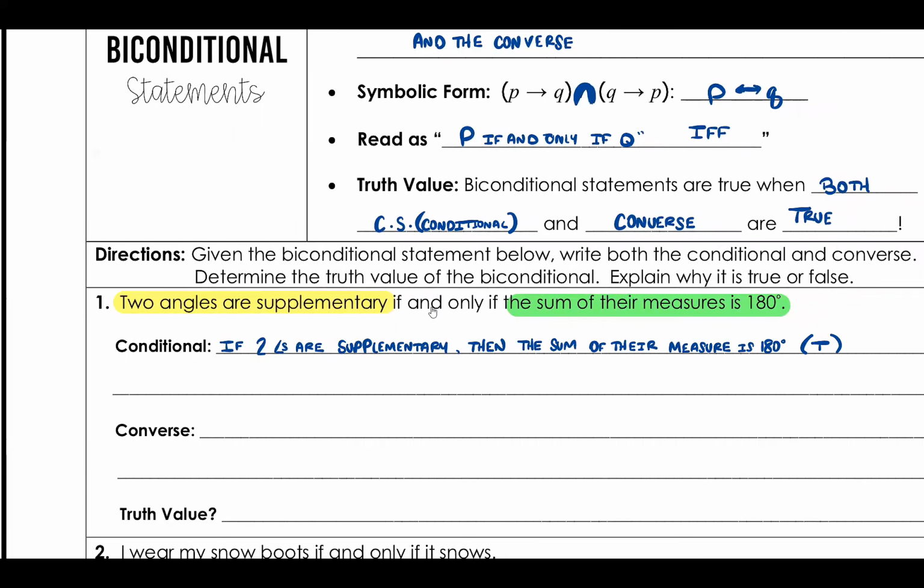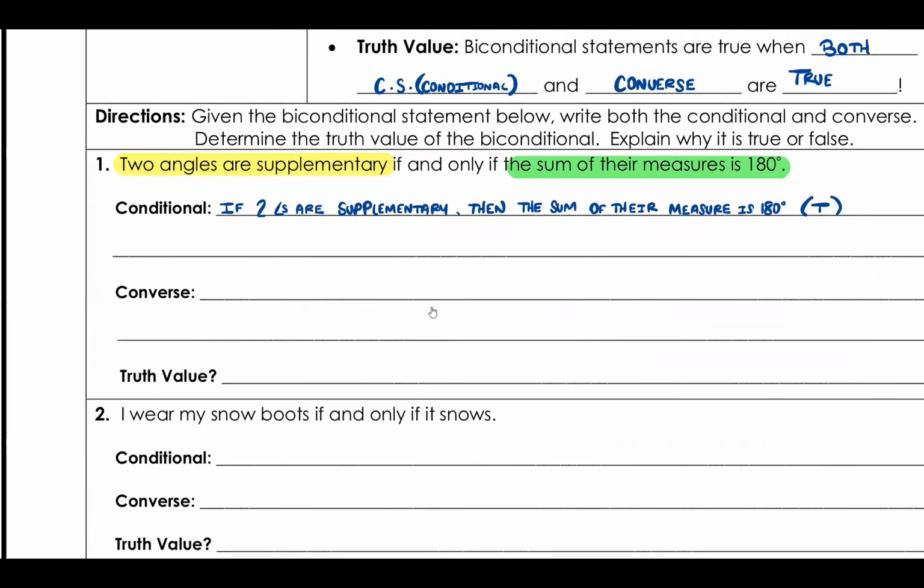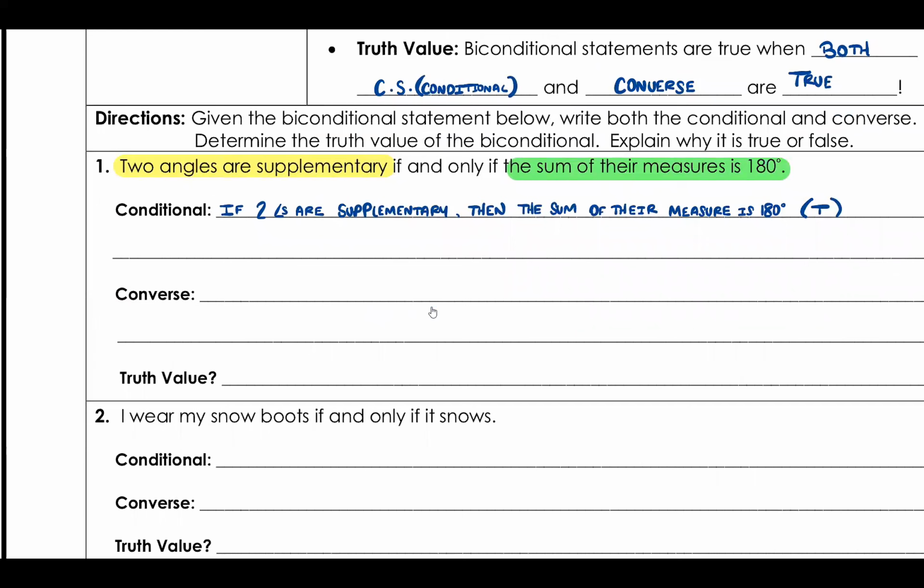If it was false, we wouldn't even have to write the converse. Why? They both got to be true, right? So if it's false, I can just stop, honestly. Converse. Remember, we're just going to switch them.